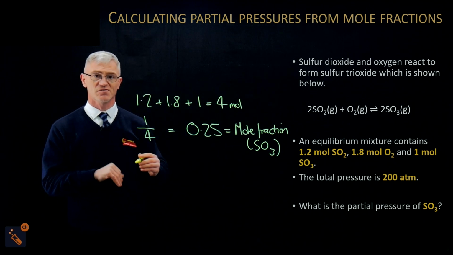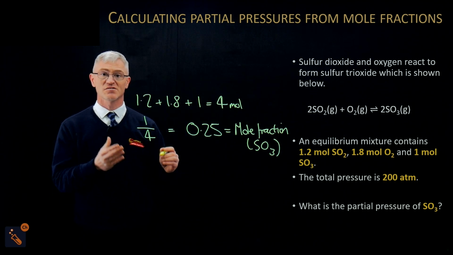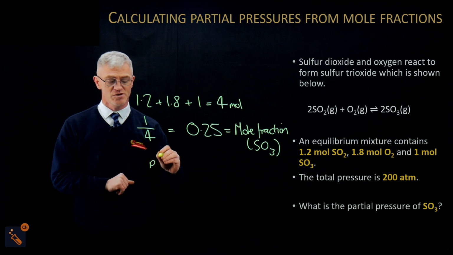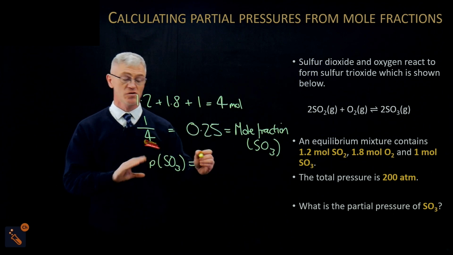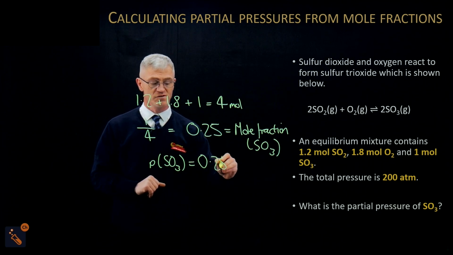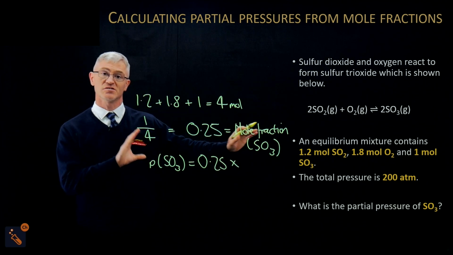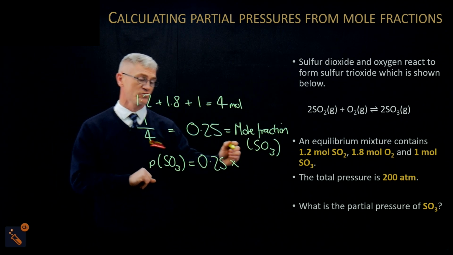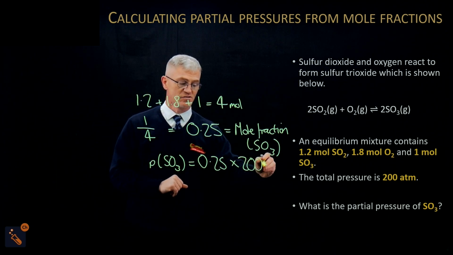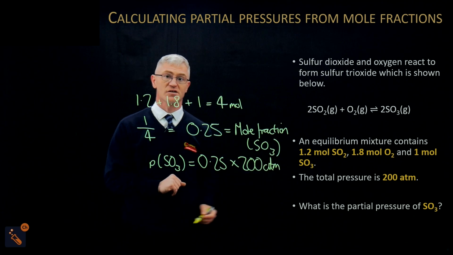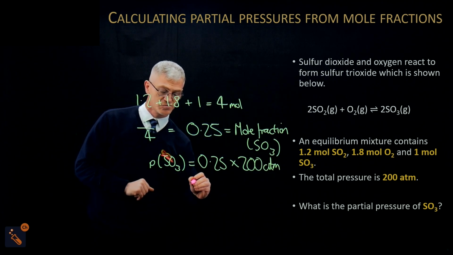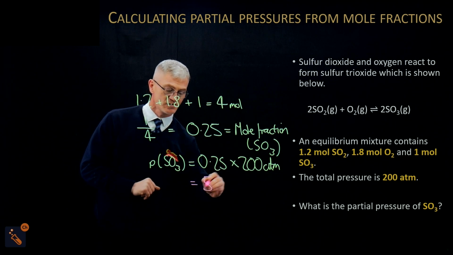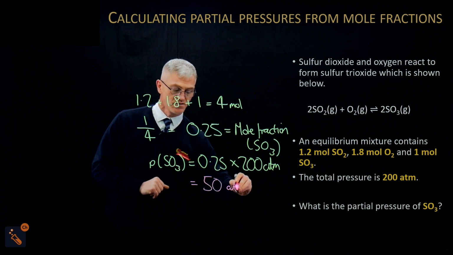So we've done a mole fraction of SO3, and then we know that our partial pressure of SO3 is going to be equal to our mole fraction, which is 0.25, times our total pressure. And our total pressure down there is 200 atmospheres, which gives you a final answer of partial pressure of SO3 is 50 atmospheres, again using the same units that we had before.